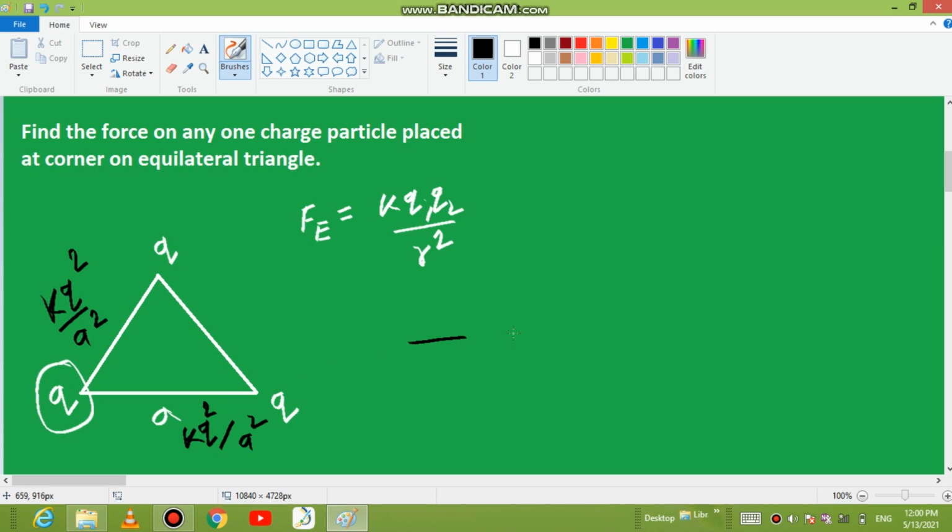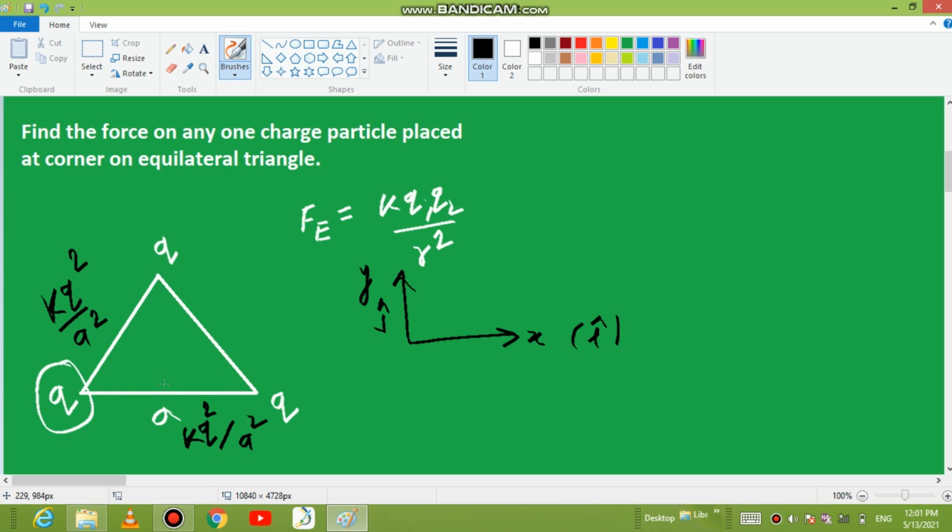Let this is x-axis and unit vector i cap. This direction is y-axis and having unit vector j cap. So the force between these 2 point charges will be repulsive force because these are same nature charges.